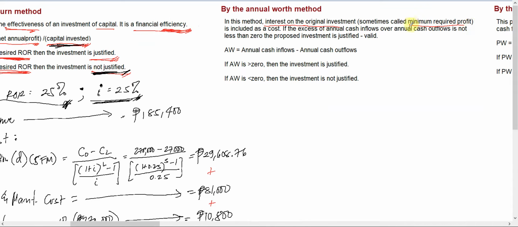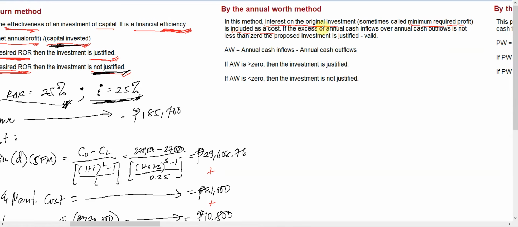Meaning, ito yung pinakamababang profit dapat na makuha ng business. Kapag bumaba yan dyan, hindi siya desirable. So, yung minimum required profit, ita-times lang natin yung interest sa original investment. So, isasama natin siya included as a cost.